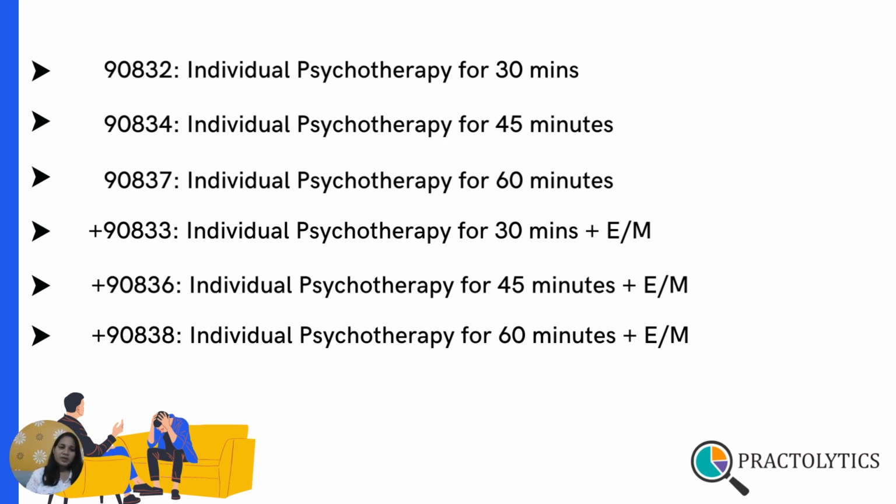There is a plus symbol in front of 90833, 90836 and 90838. That means these are purely add-on codes. The appropriate primary code would be the E&M that you are billing along with these psychotherapy codes. Make sure these two are billed together in order to get your claim reimbursed properly.